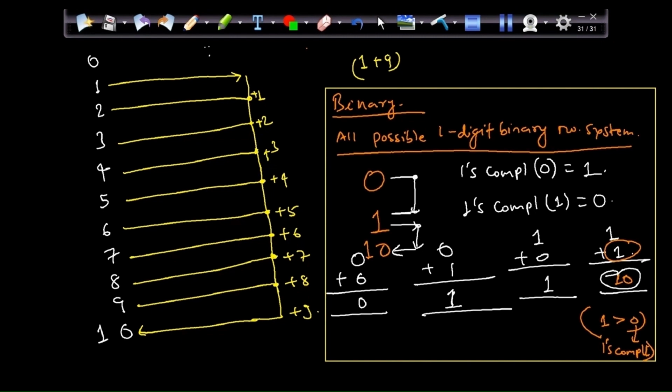And if it is greater than the largest possible number in let's say n digits, then it has to be at least an n plus 1 digit number. Okay, and it will be n plus 1 only. We will see that.